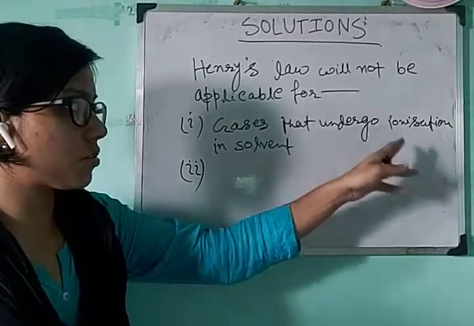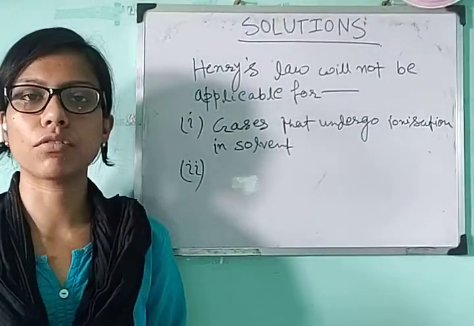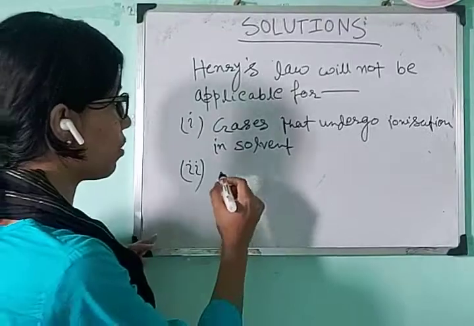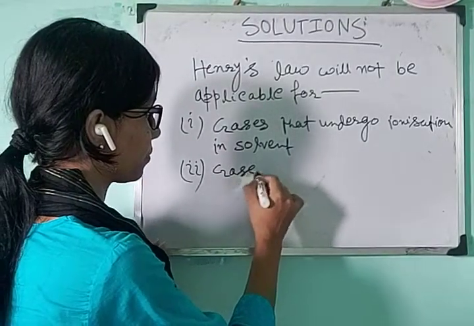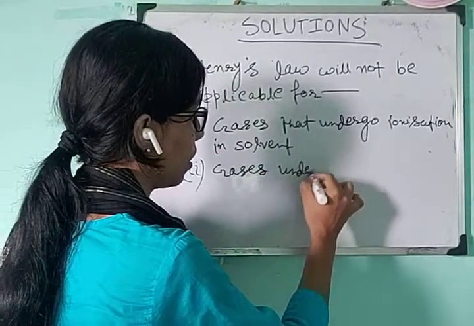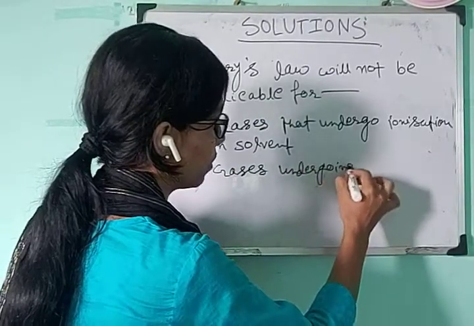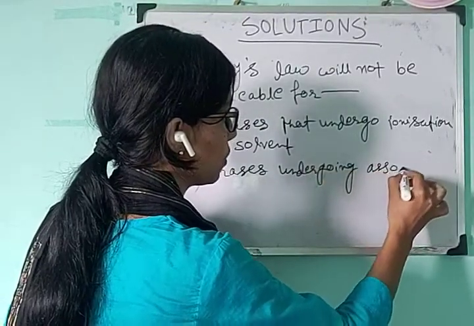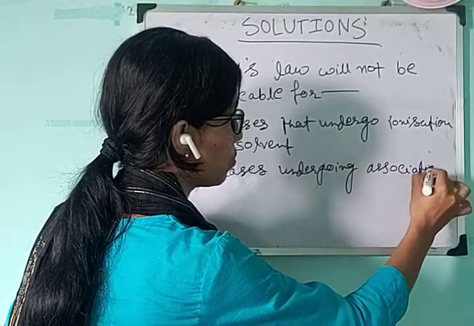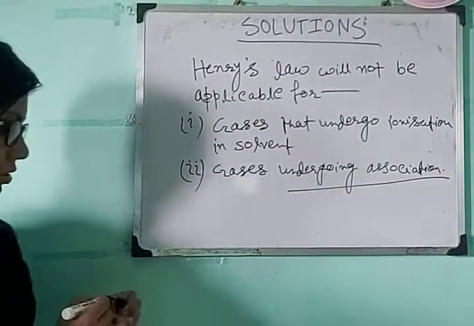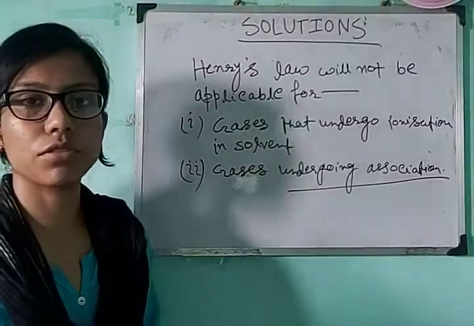If they can undergo dissociation, that is ionization, they can also undergo association. So we can also write gases undergoing association. Any association or dissociation will be strictly restricted in the case of Henry's law, and Henry's law will not be applicable.